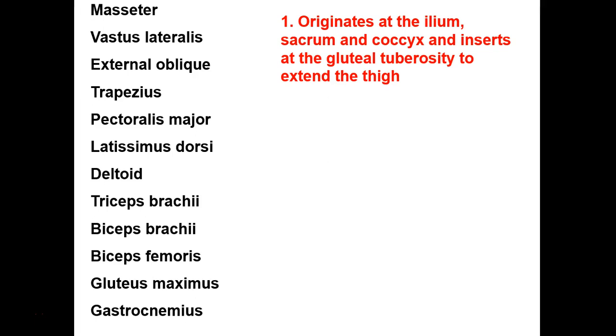It inserts into the gluteal tuberosity, so that's a roughened place on the femur where what muscle attaches? The gluteus maximus. So that one really is a no-brainer, because if you knew gluteal tuberosity was on the femur, then you know that's where the gluteus maximus attaches, and the action of that muscle is to extend the thigh.